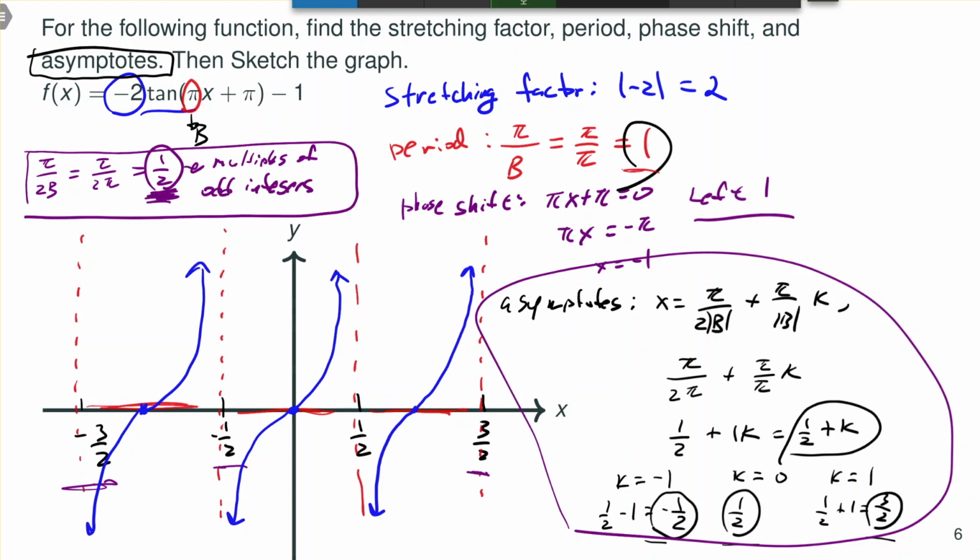This entire collection of this shape is one tangent graph. It repeats like this forever.